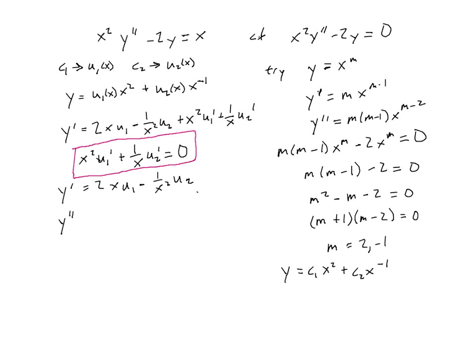So now y double prime is going to be the derivative of this, so it's going to be 2u1 plus 2 over x cubed u2 plus 2x u1 prime minus 1 over x squared u2 prime.